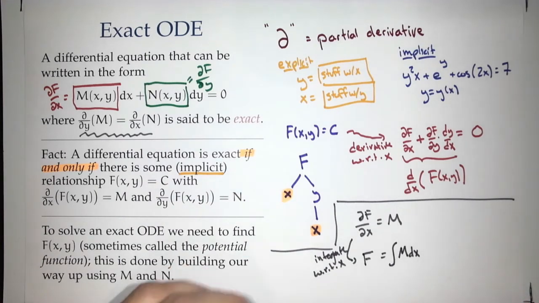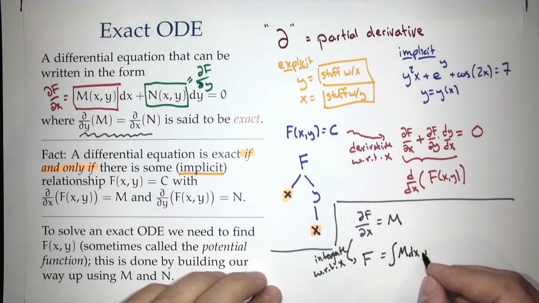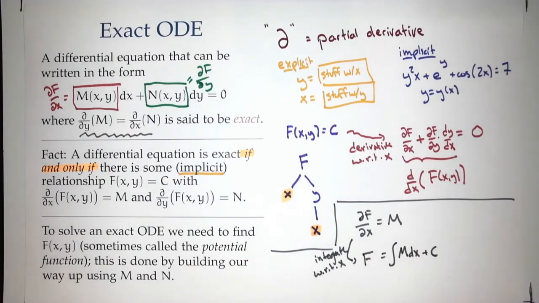What am I missing? Plus c. Is this correct? And why not? Someone said you have to account for the y terms. So it is not correct.